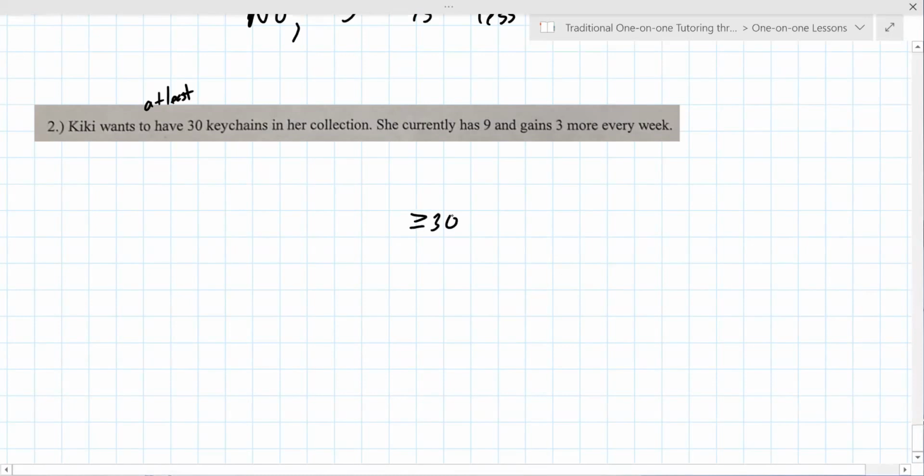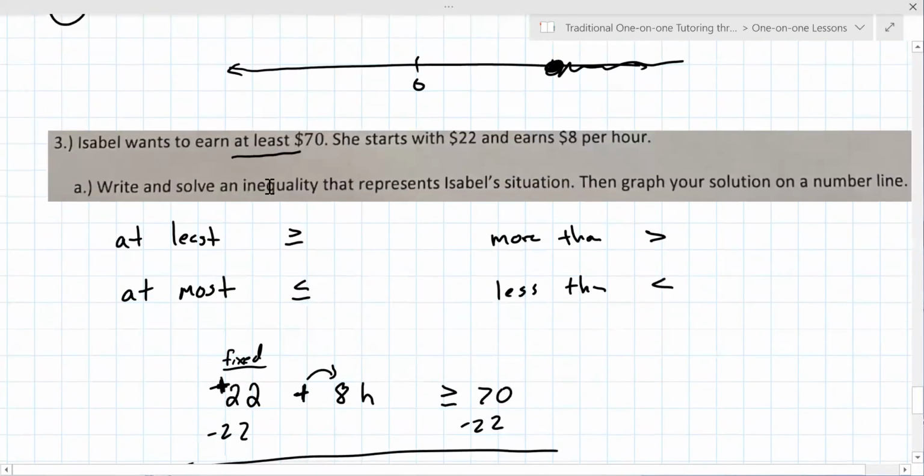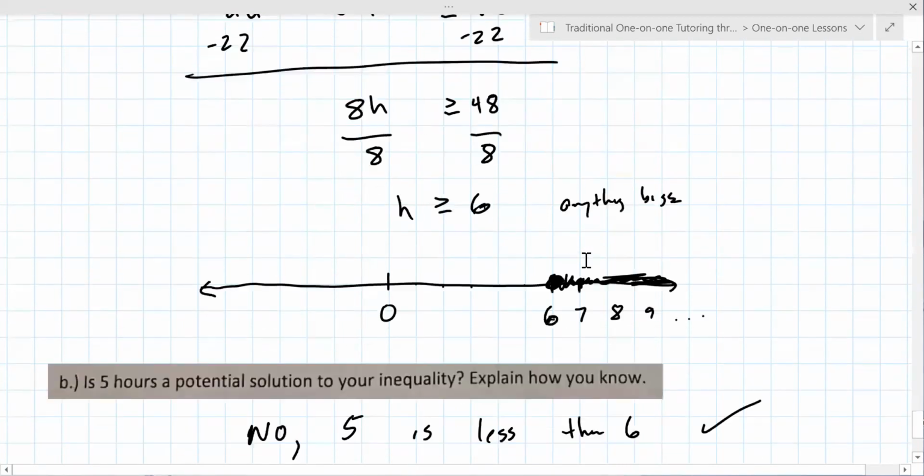She currently has 9 and gains or increases 3 more every week. How can you write that over here on the left? And it's very much the same as what we did in this previous problem. You have something you start with, and you're adding to it each week. So see how this was 22 plus 8 variable, 8 times h.